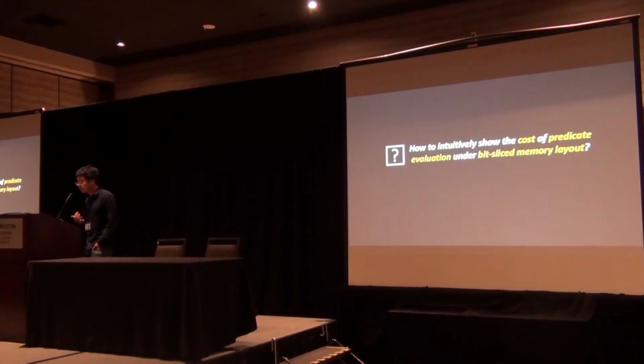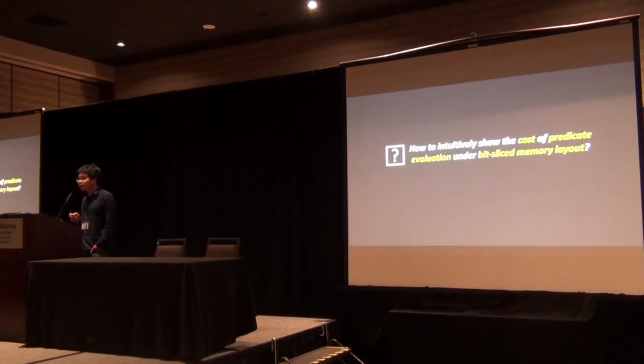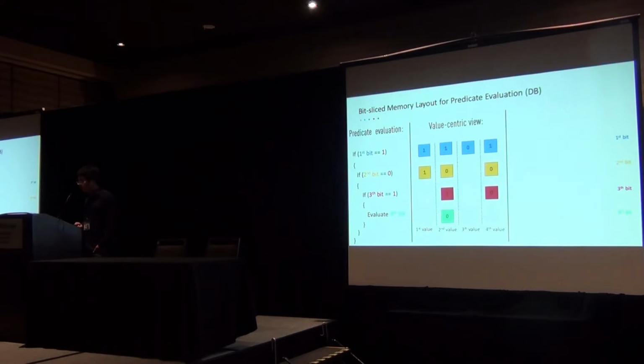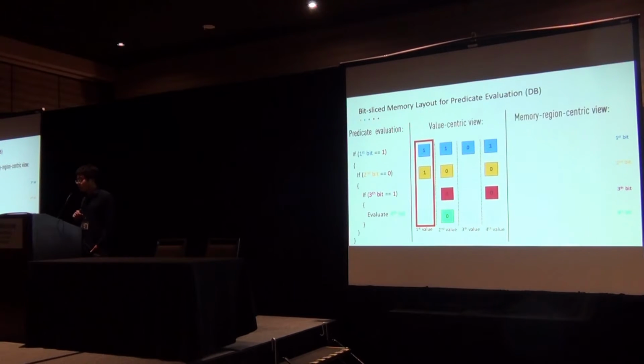Now I will talk about how to intuitively show the cost of practical evaluation on the bit serial memory layout. Actually, when we evaluate the predicates on the values, we do it in a value central view. Essentially, we do it first on the first value, then the second value, the third value, and the fourth value.